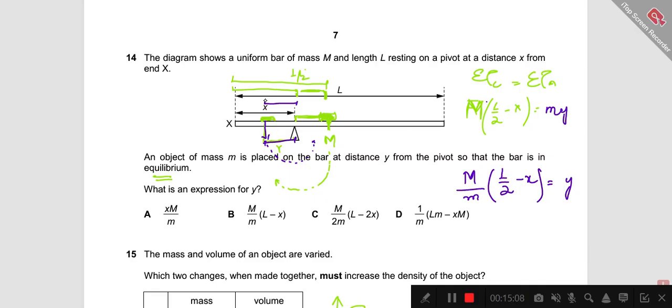Now you can see we have M over m, M over m in these expressions, but we don't have L by 2.